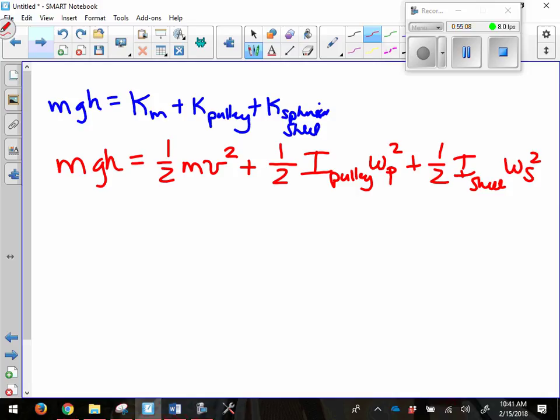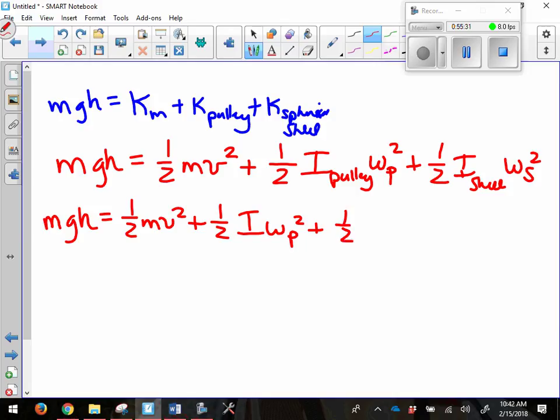So I've got 1/2 mv squared. Now, they told me what the rotational inertia of the pulley is, and it's just I. But what's the rotational inertia of a spherical shell? Okay, so 2/3 capital M capital R squared.